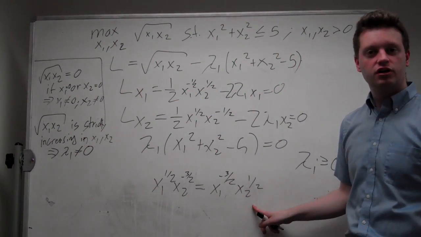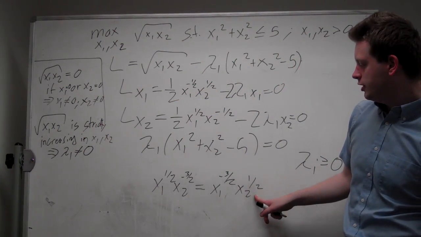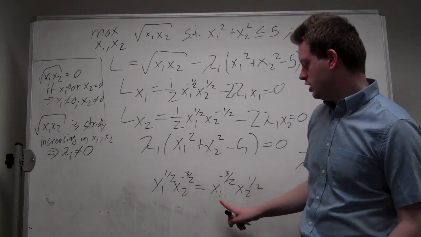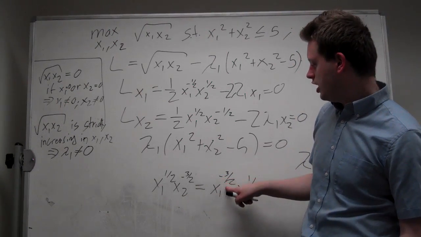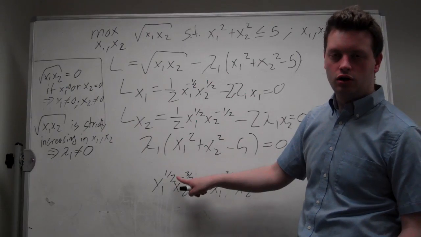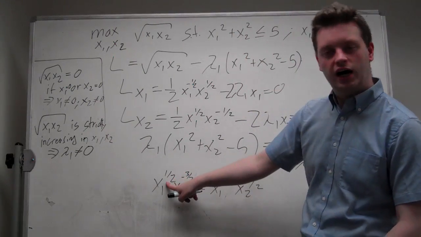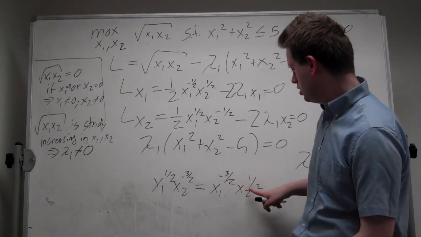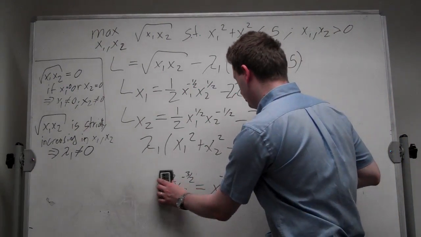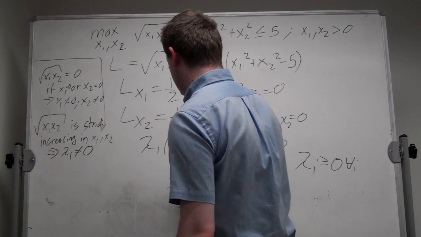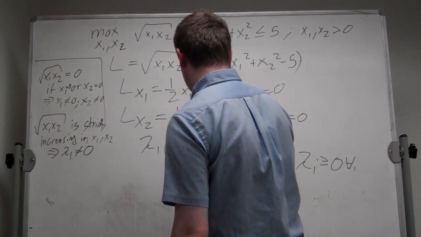Wow. So we have this. Now let's multiply both sides by x1 to the 3 halves and x2 to the 3 halves, which will lead us simply to have 4 halves here, so to the power of 2, and 4 halves here, and we're left with x1 squared equals x2 squared.